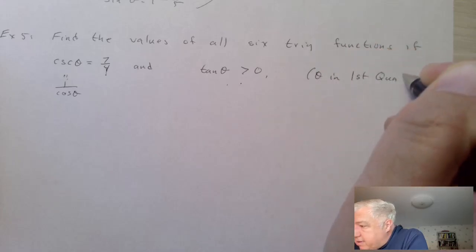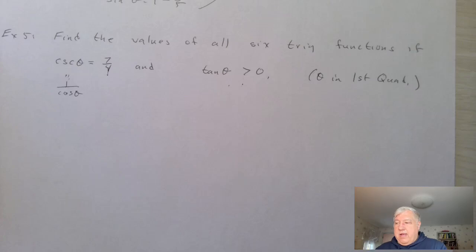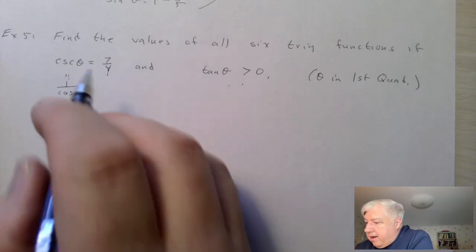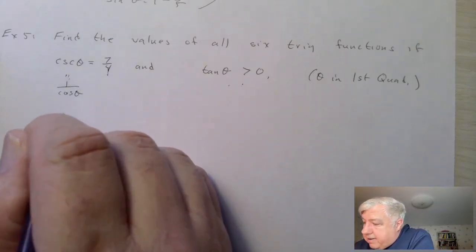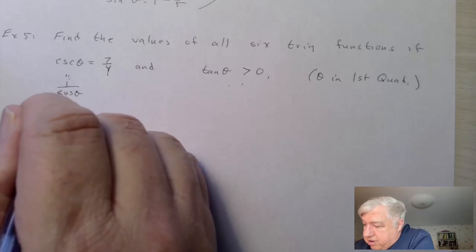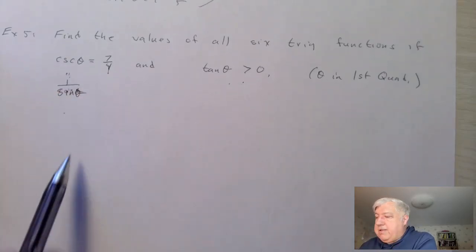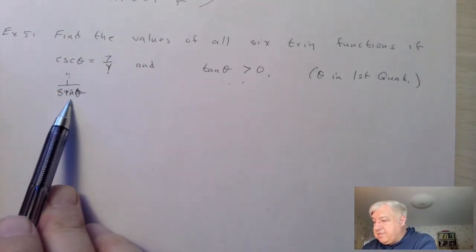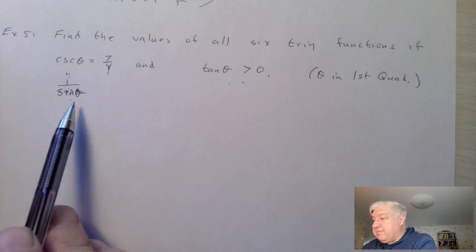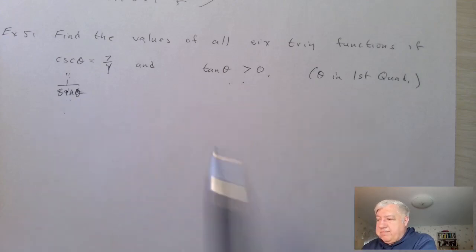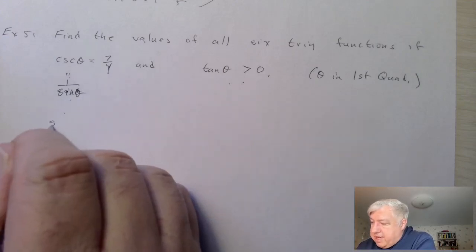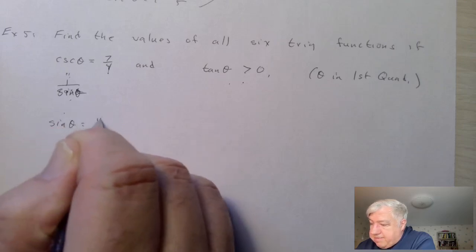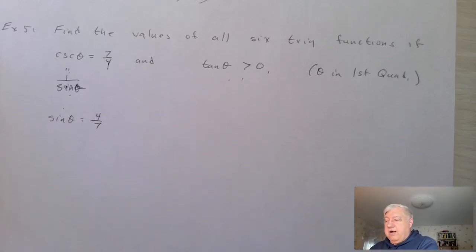Okay, so everything is positive here. So the sine of theta will be 4/7. That's just the reciprocal of the cosecant.